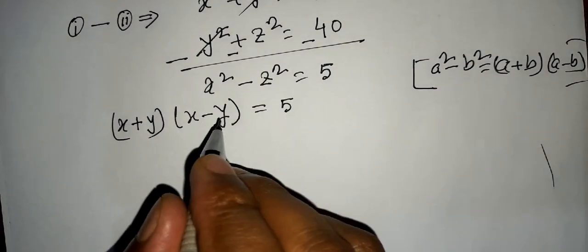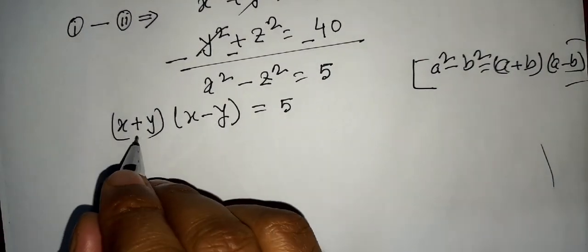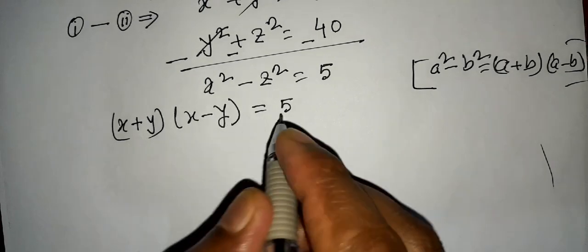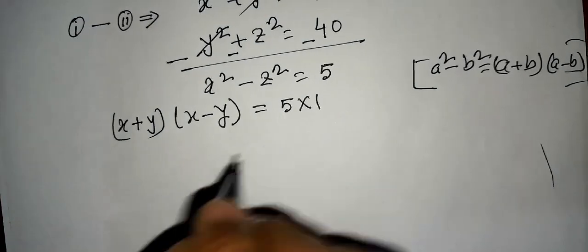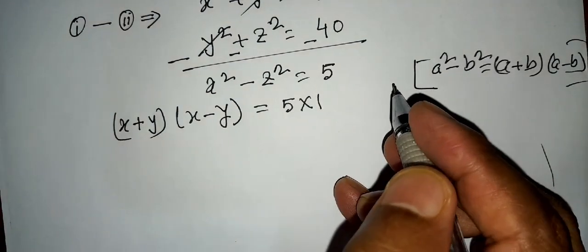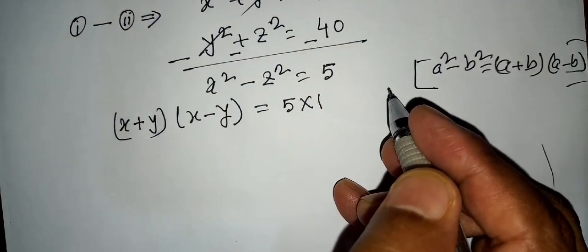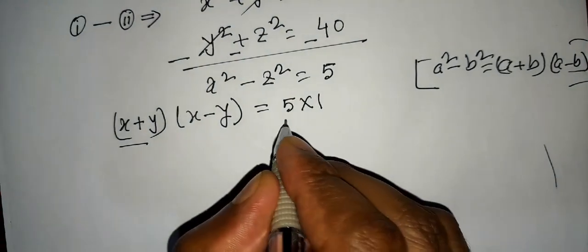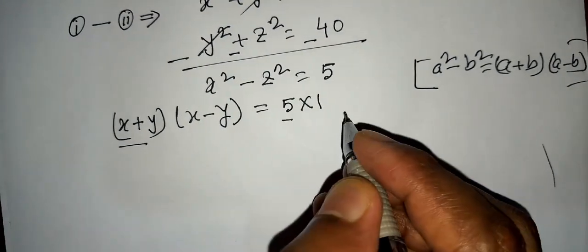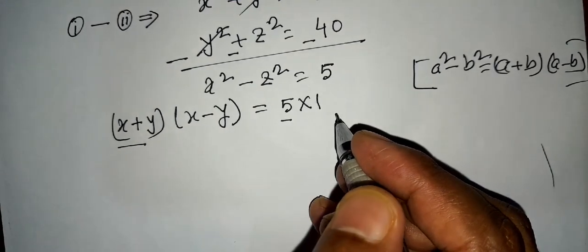We can write 5 into 1. So here it will be x plus z equal to 5 and x minus z equal to 1.